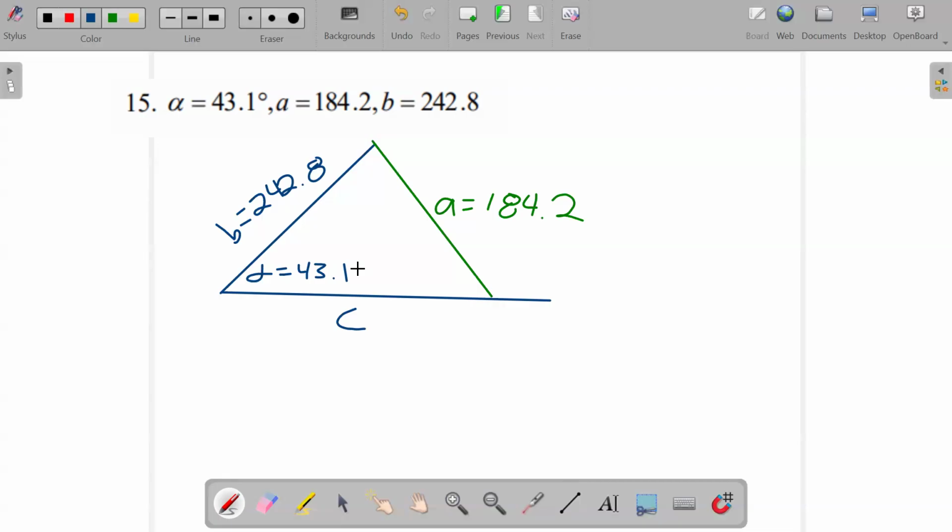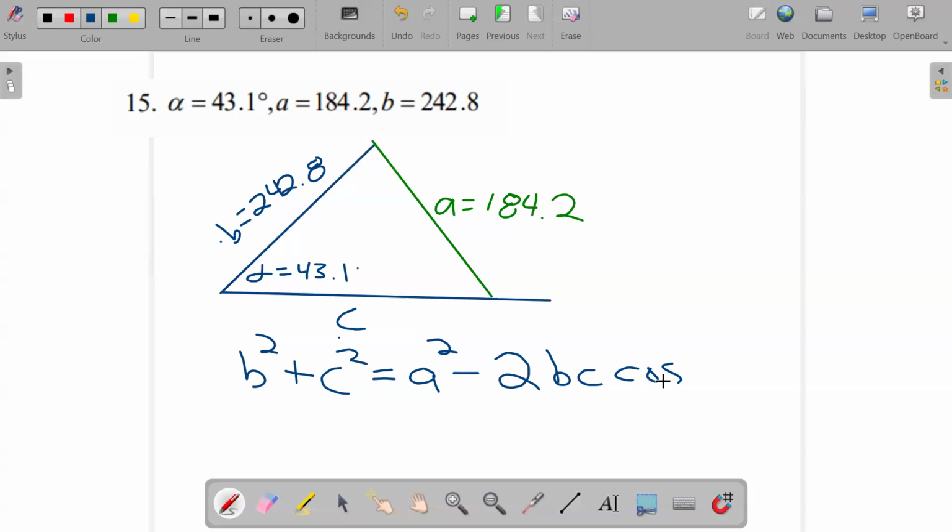So this would be the angle between B and C. So the law of cosines would say that B squared plus C squared is equal to A squared minus 2BC times the cosine of the angle between them, which I have is 43.1 degrees.